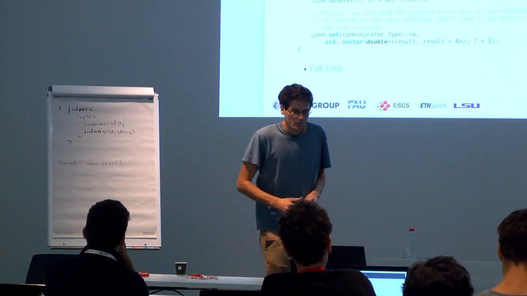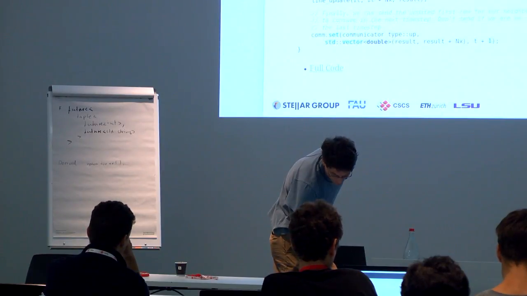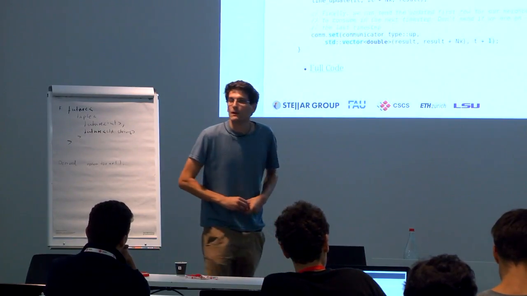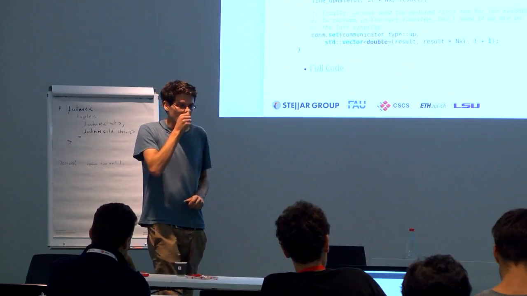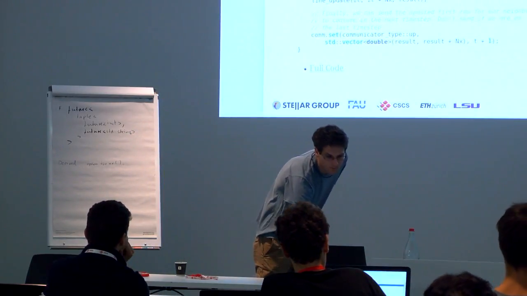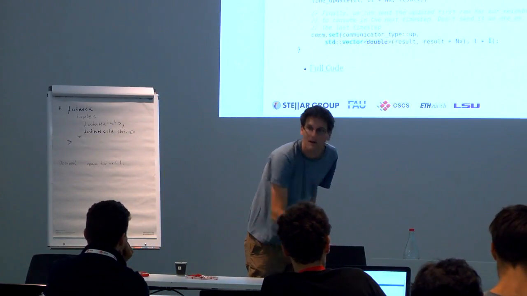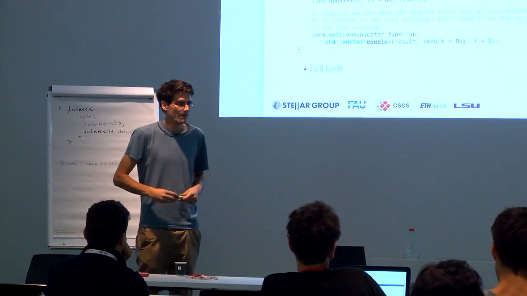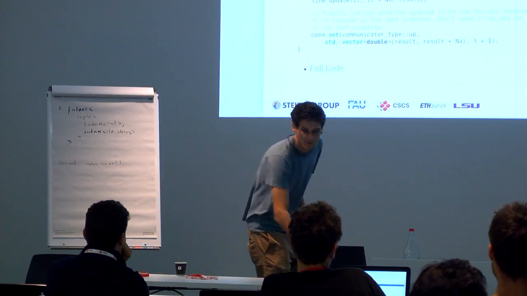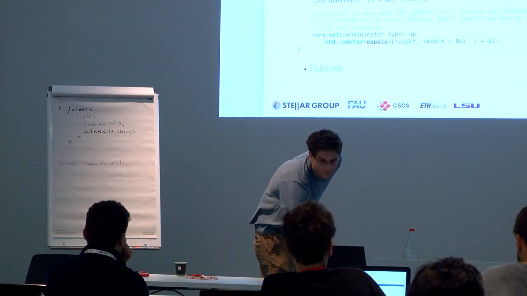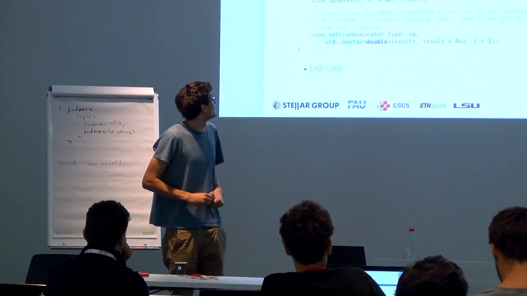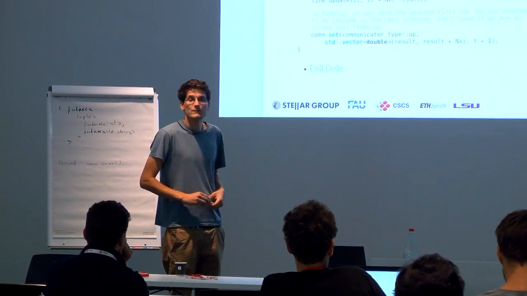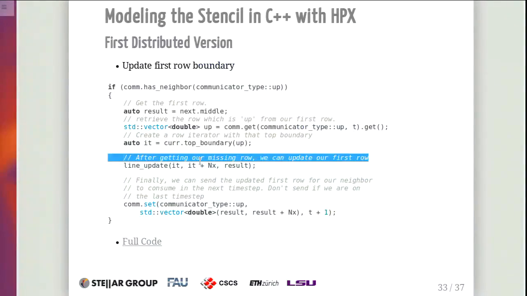But what we do with the top boundary function is that we replace this up iterator with the begin iterator from the up vector and call it a day. And then we can use the line update function in the very same way that we used it for our interior domain, right?